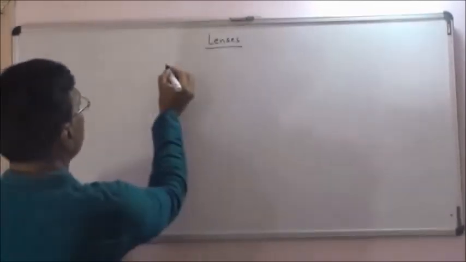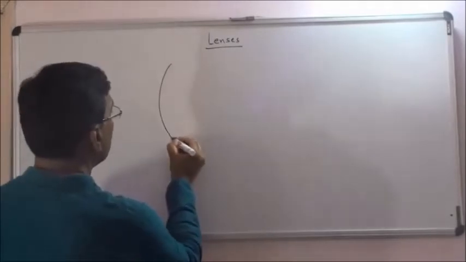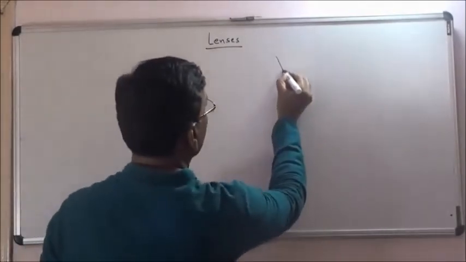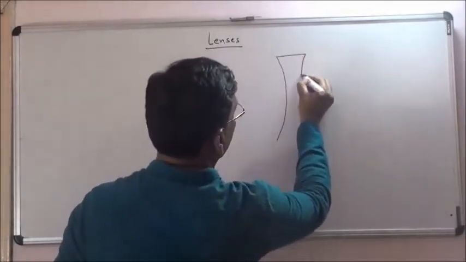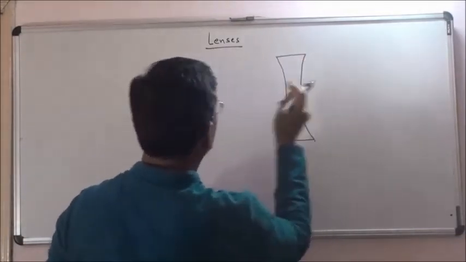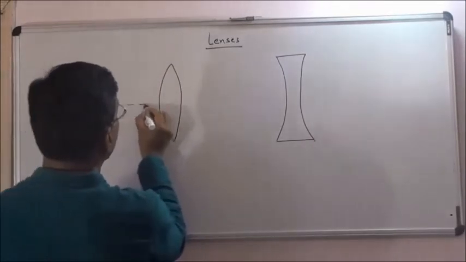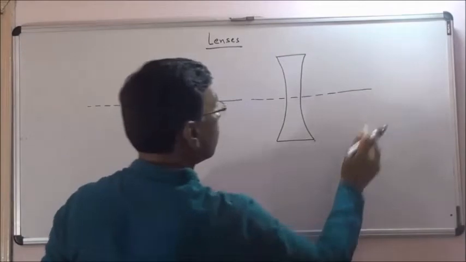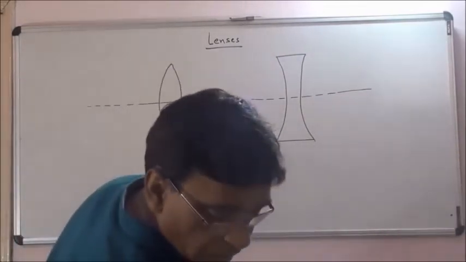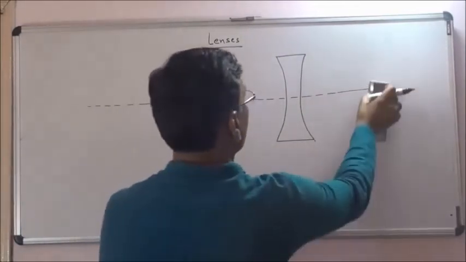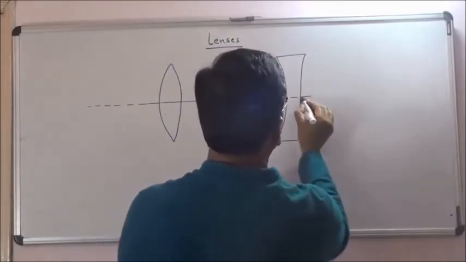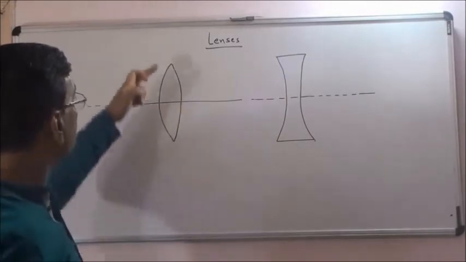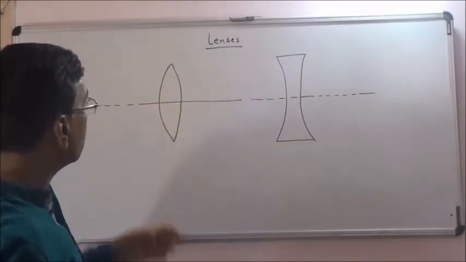Okay, now some basic definitions related to lenses, concave as well as convex. This is concave, this is convex. Just like a mirror, we have here center of curvature, but there are two surfaces. So there are two centers of curvature, one for this surface, one for this surface.